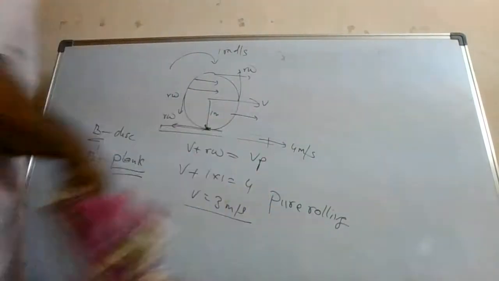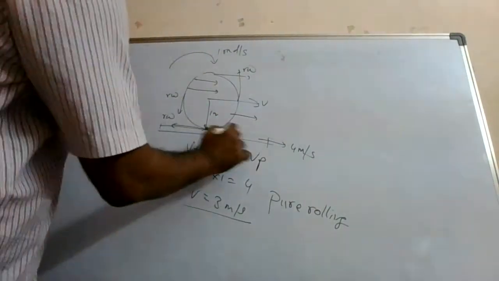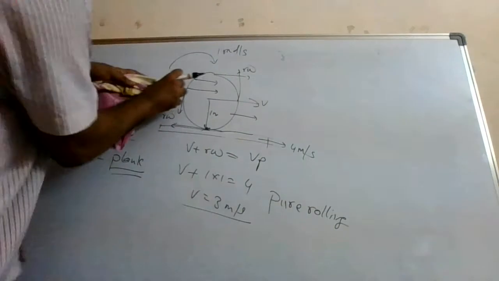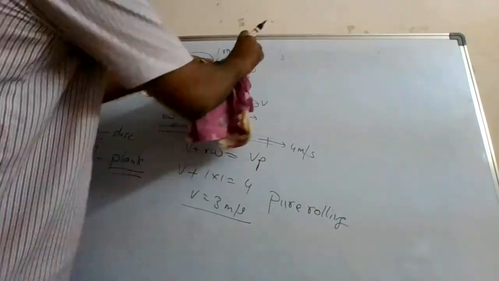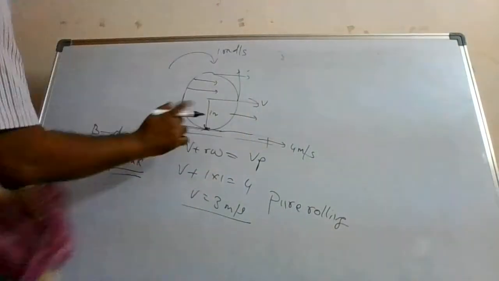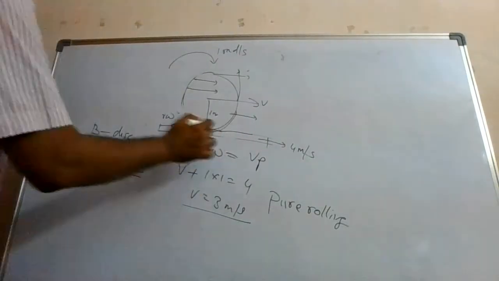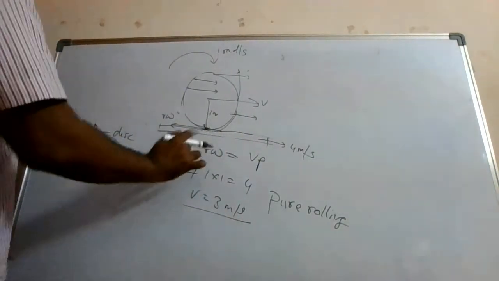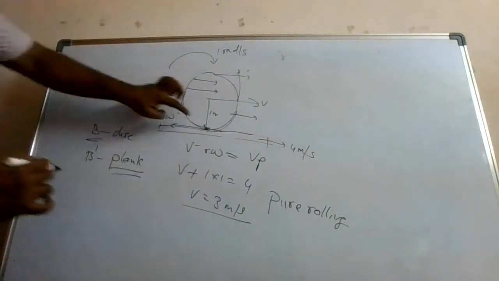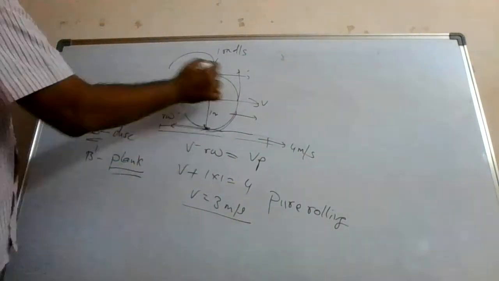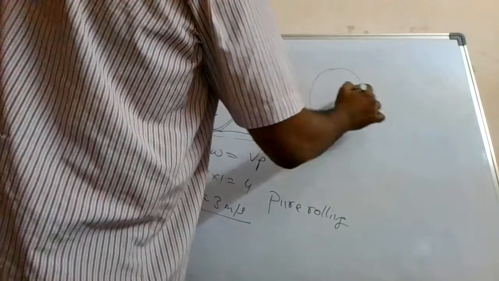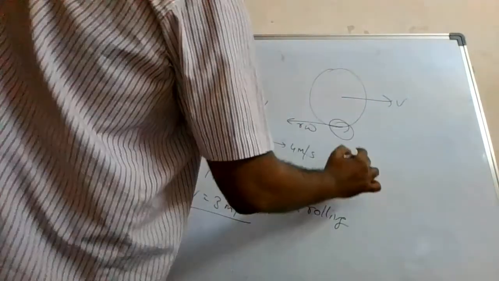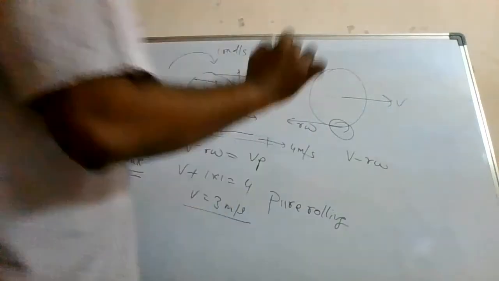All these directions will change. I am drawing only the lowest part. So here v minus r omega will be the speed at this point. If you see only the disc, v is like this, r omega is like this.